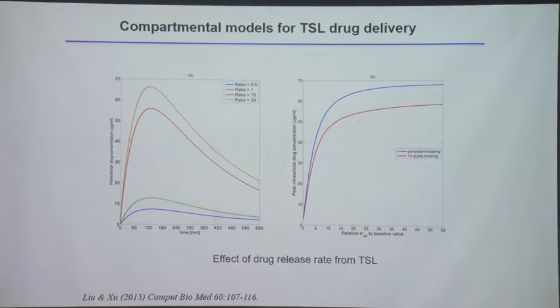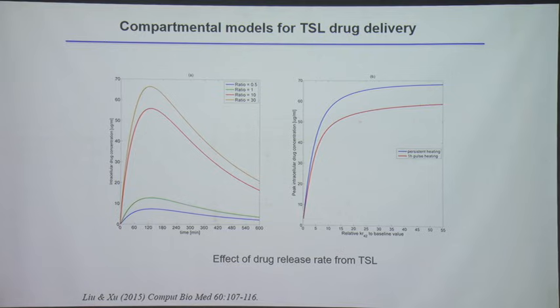If the release rate was increased tenfold, then you get these red curves. So you can see that increasing the release rate from the nanoparticle had a dramatic impact on increasing the intracellular drug concentration.